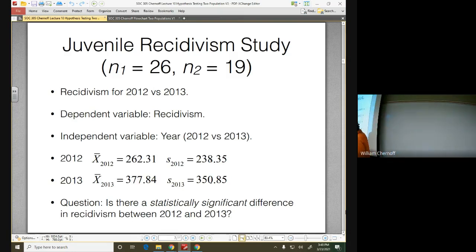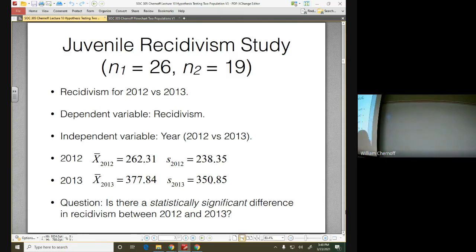If we look at 2013, we see it's 377. And the average for 2012, we see 262. So if we're just talking about averages, it looks like it's taking youth longer to recidivate in 2013 than in 2012. So we get the idea that maybe all this legislation, maybe it worked.